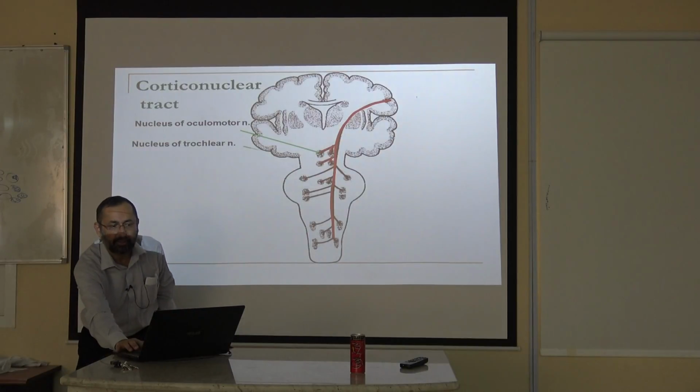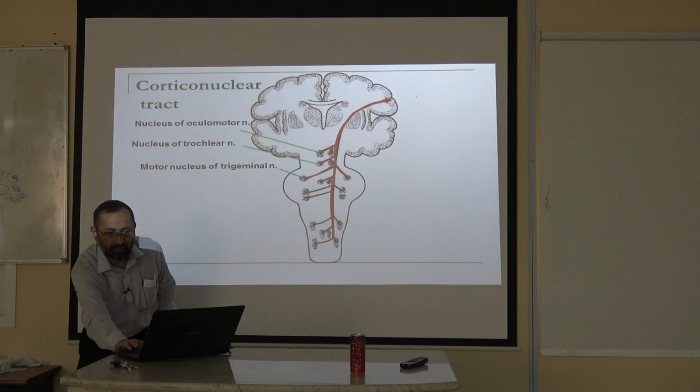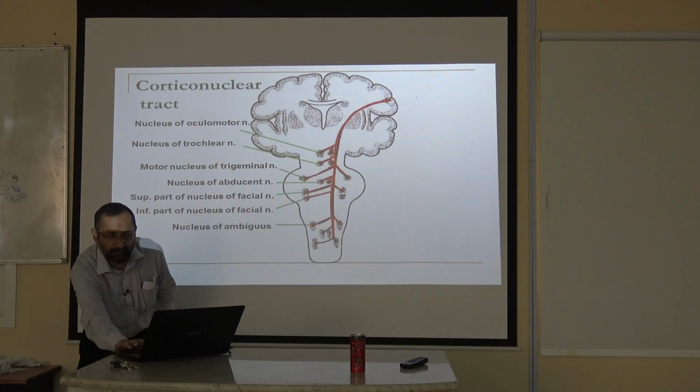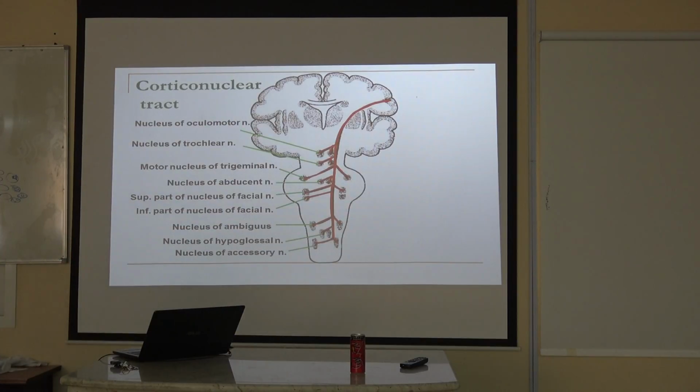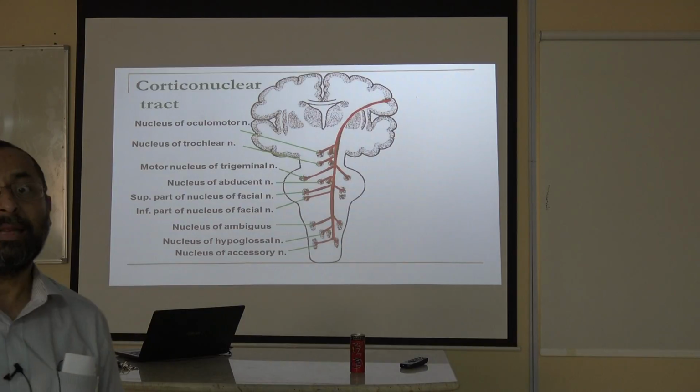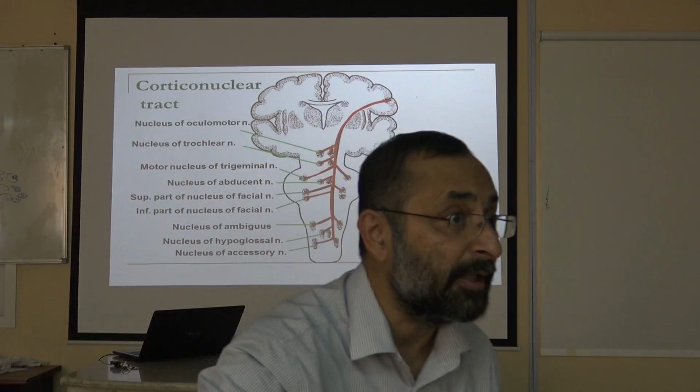Now look: nucleus of trigeminal, abducent, facial, nucleus ambiguus, hypoglossal, accessory, roughly the main cranial nerve nuclei present in pons and medulla, they are controlled by the corticonuclear tract.